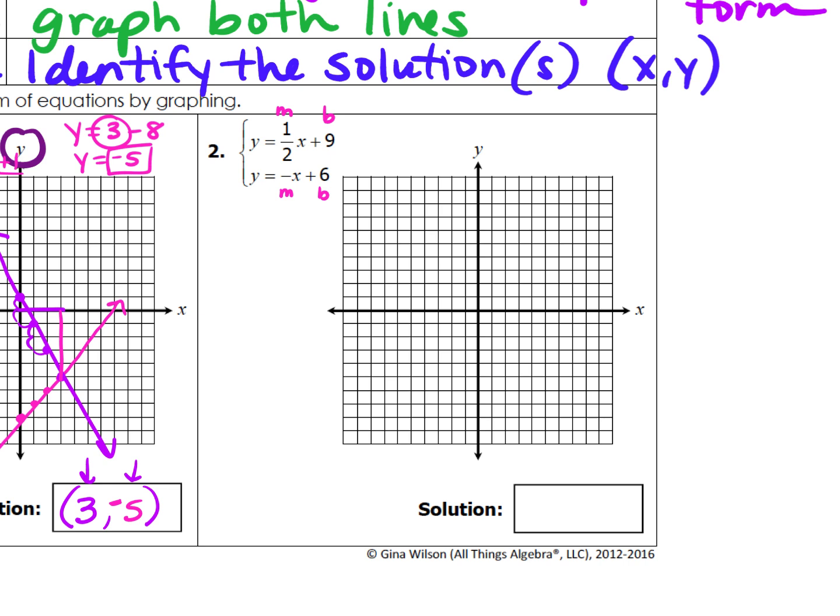Do you plot M or B first? B first. So plot your y-intercept on the vertical axis first, and then move from there.